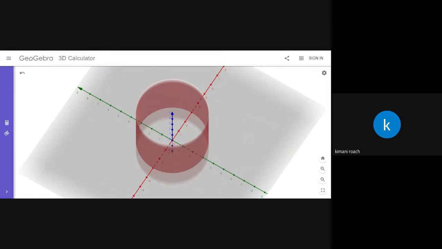Now that we're able to see the graph of this circle, I want you to see the important things that you need to graph your circle. You must have your center and you must have the length of your radius.